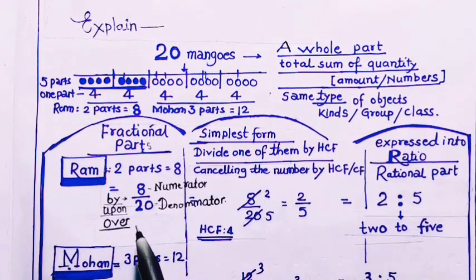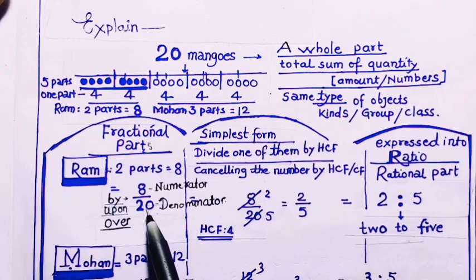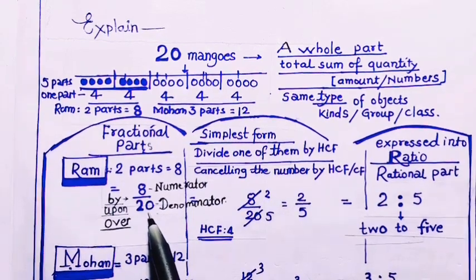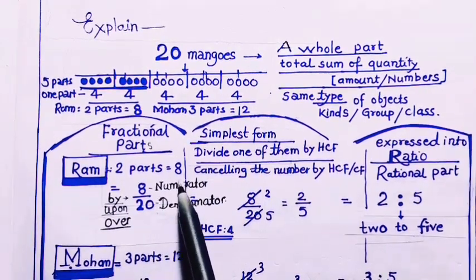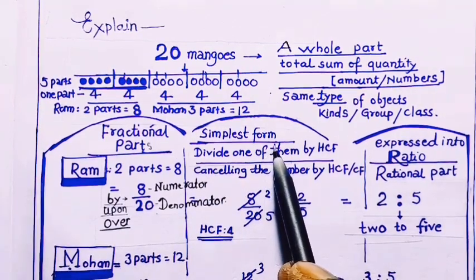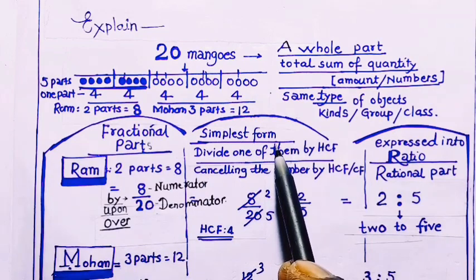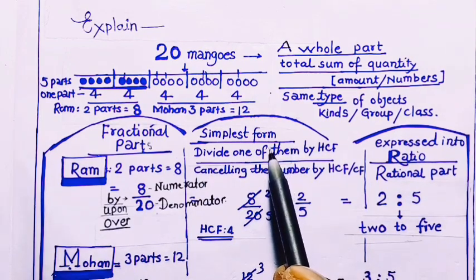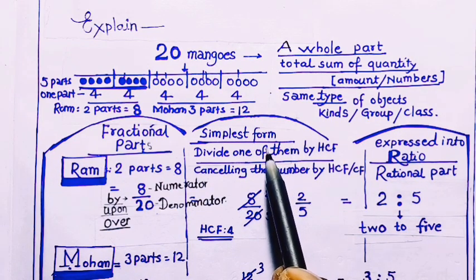This is the fractional part 8 by 20, and this part will be changed into the simplest, lowest or standard form.